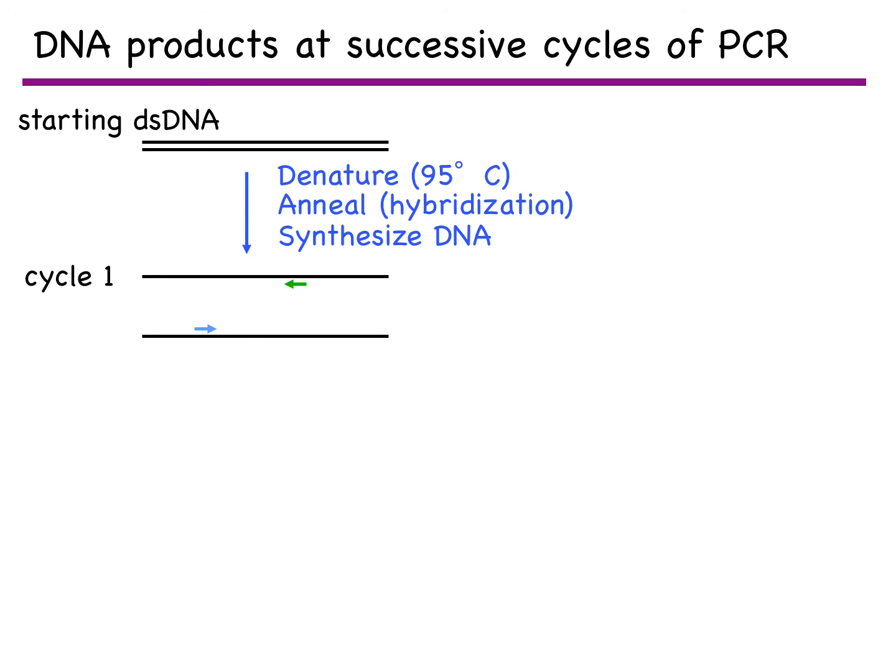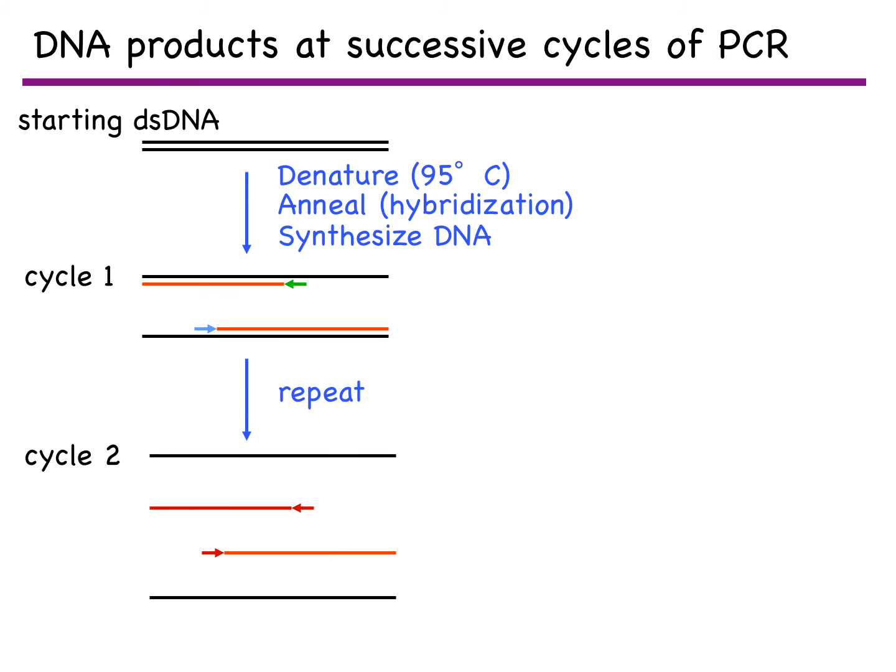And then what you do is you synthesize DNA, basically. You have all 4 dNTPs, you have the polymerase from Thermus aquaticus present, and so you basically will synthesize a new strand of DNA using these primers as starting points for the synthesis of the DNA. And then you just keep repeating these processes, okay? So you repeat it, this is cycle 2.